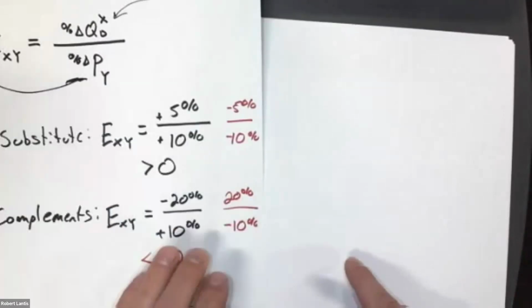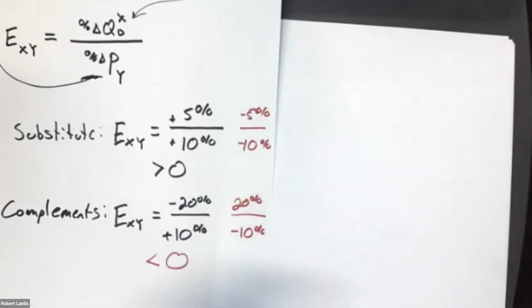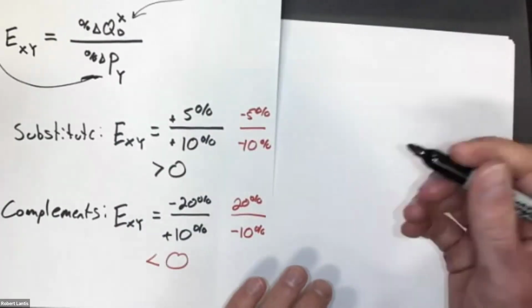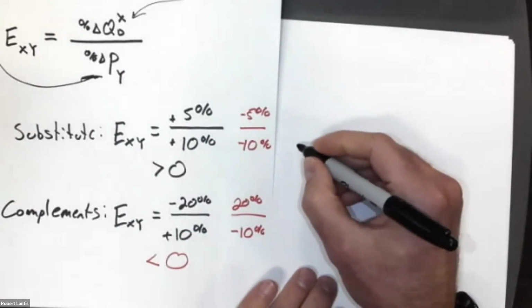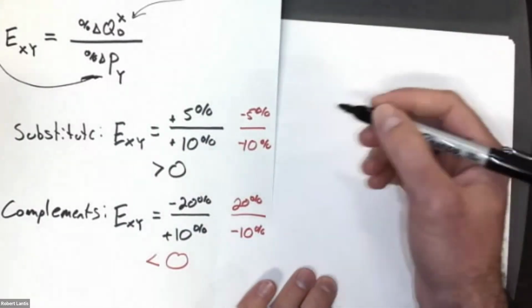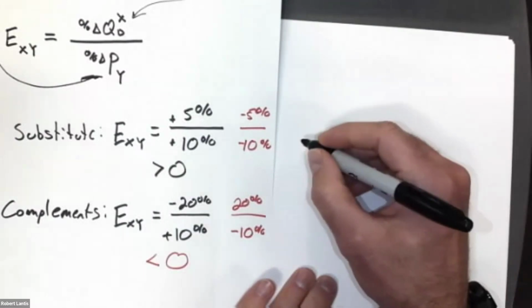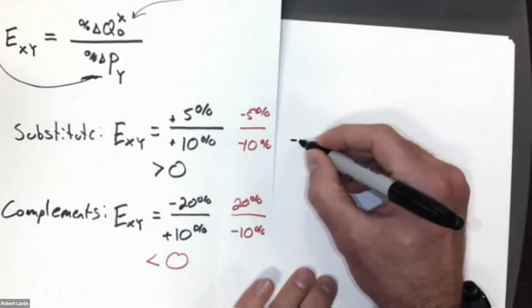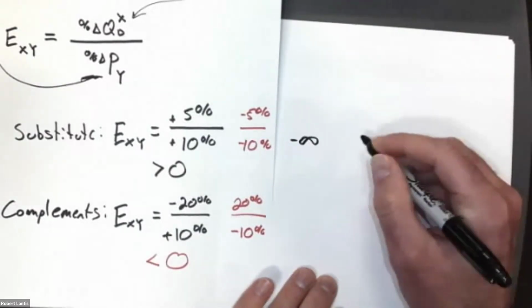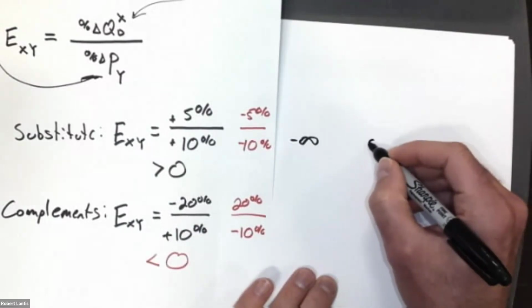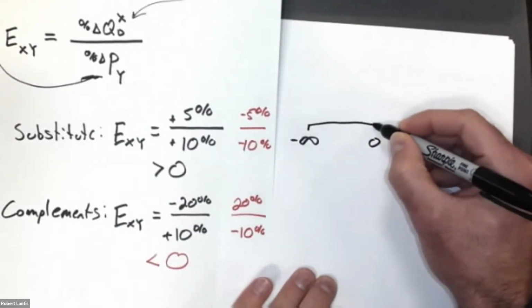Not only can I determine from that cross price elasticity whether or not there are substitutes or complements, but I really have different ranges. So what if I had a cross price elasticity, let's say from negative infinity all the way to 0. I'm thinking about a number line here.